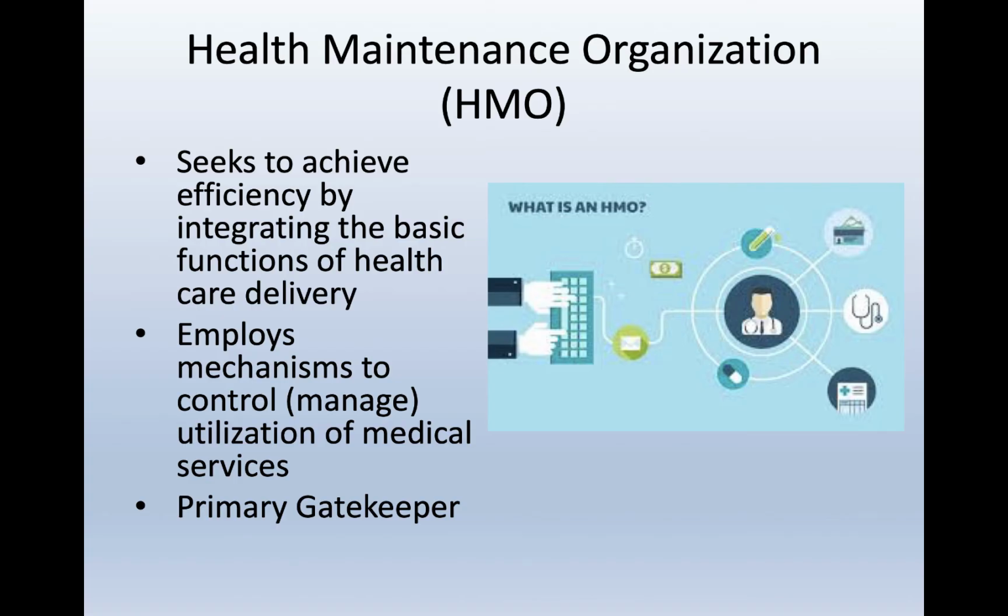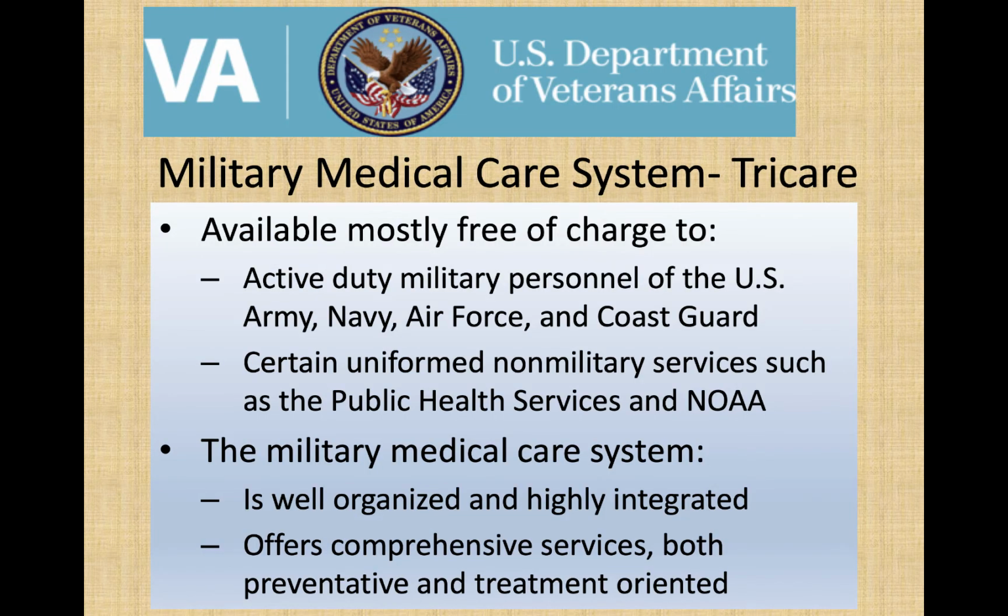So this is a health maintenance organization. This terminology is not used a lot in this organization. This is when you have a primary care physician like Kaiser Permanente, and they act as a gatekeeper, and you pay a one-time fee up front each month. Either your employer pays for it or you pay for it, and then it's integrated health insurance all at once with a primary caregiver that is the gatekeeper.